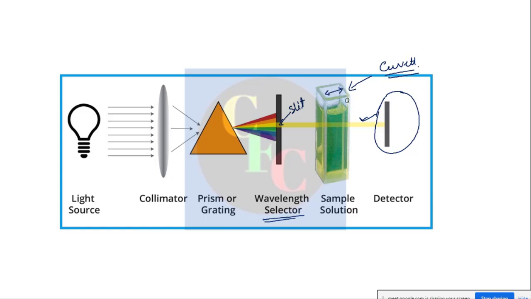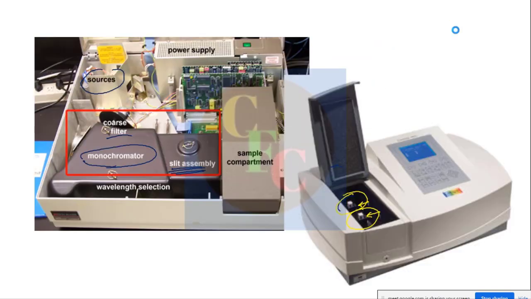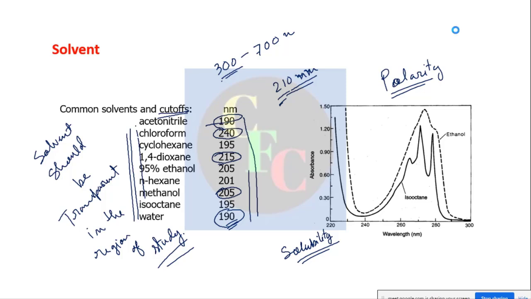And in most cases, unless specially designed cells are used, it's usually 1 centimeter. Because giving this 1 centimeter actually reduces our calculation a lot, since Lambert-Beer's law says that absorption is directly proportional to this path length.